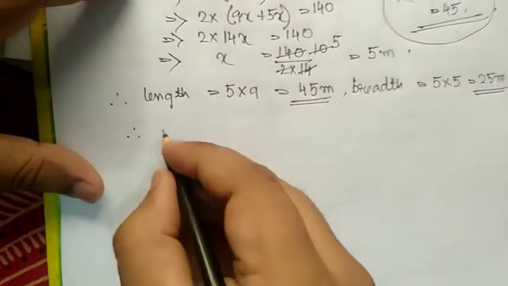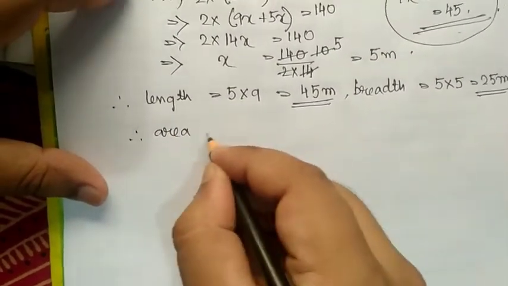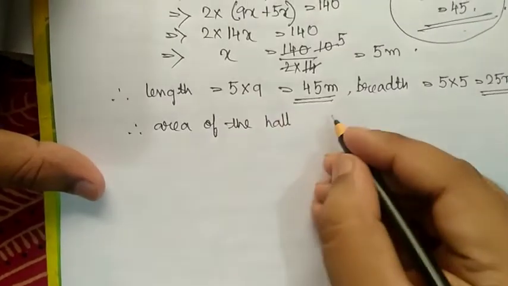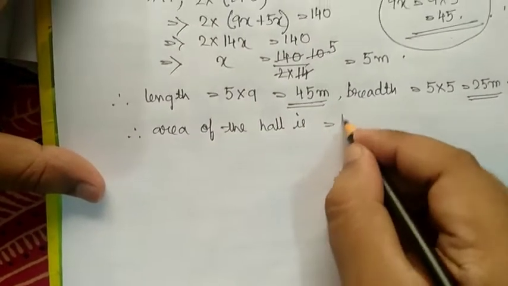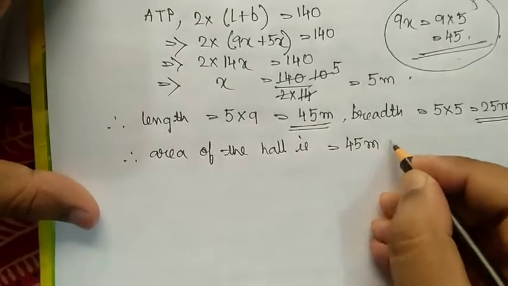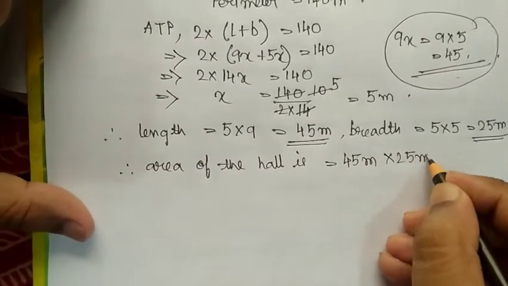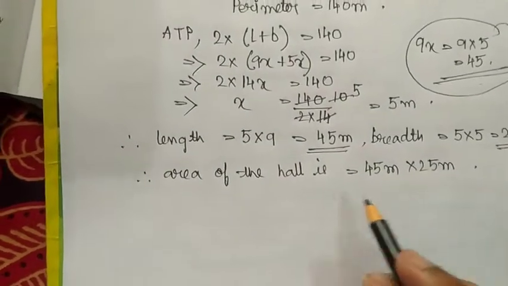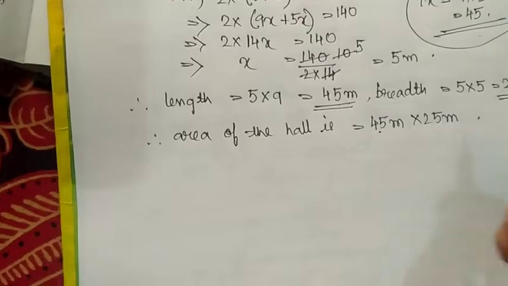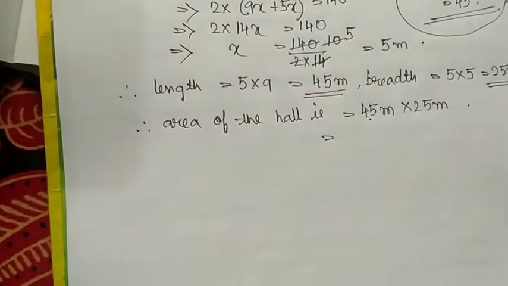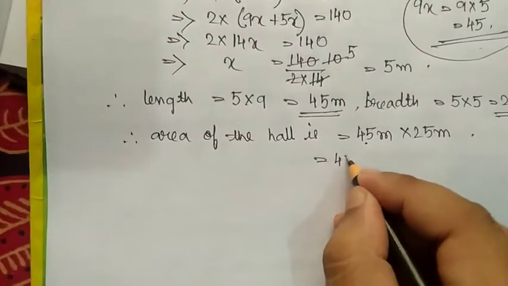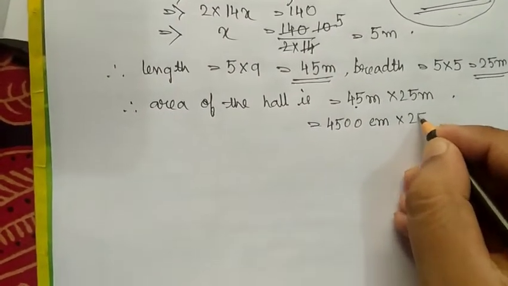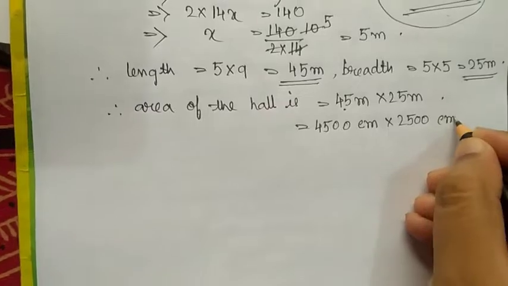So therefore area of the hall is 45 meter into 25 meter. We know the formula of the area, length into breadth. Therefore the area is length into breadth equal to 45 meter means 4500 centimeter into 2500 centimeter.